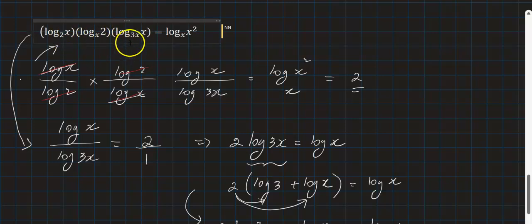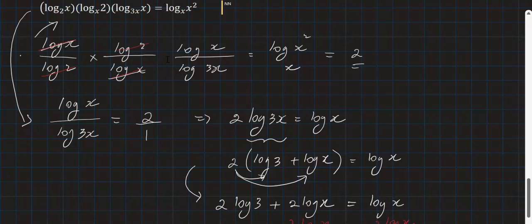The left hand side and the right hand side have to be equal to each other, and if they are, then you're good. If they are not, you need to reject that answer. So let me go ahead and quickly check that.